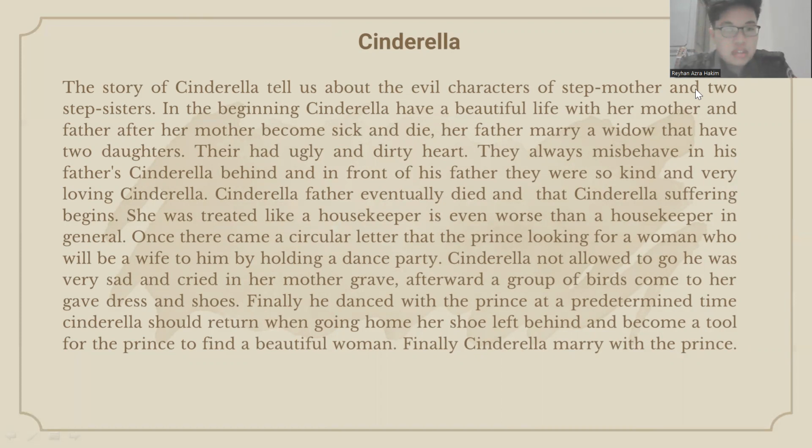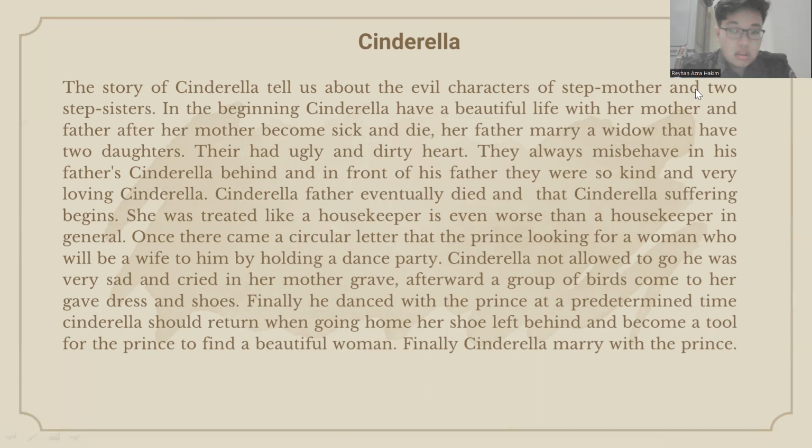Cinderella's father eventually died, and Cinderella's suffering begins after her father died. She was treated like a housekeeper, even worse than a housekeeper in general. Once there came a circular letter that the prince is looking for a woman to be his wife by holding a dance party.